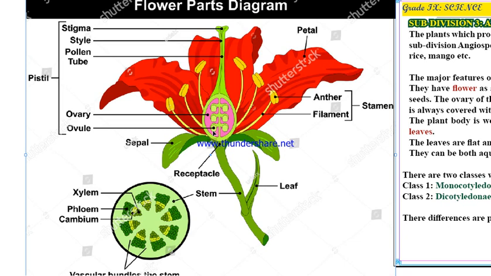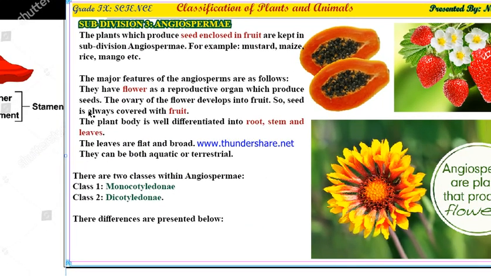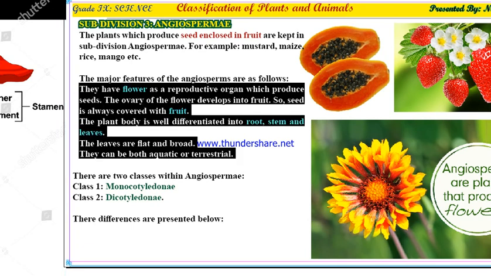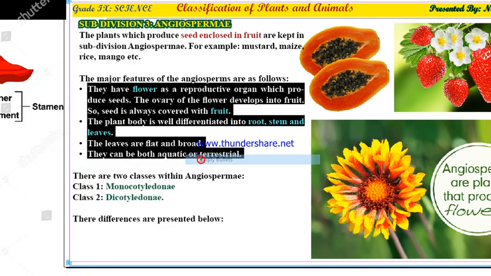The fertilized ova will form the embryo, the ovule forms seed, and the ovary forms fruit. In this way, seed is always enclosed within a fruit. So that is the major feature of angiosperms.